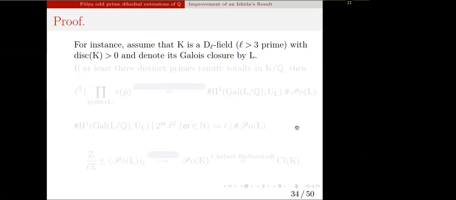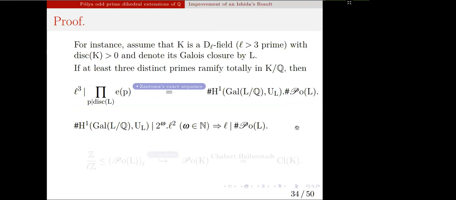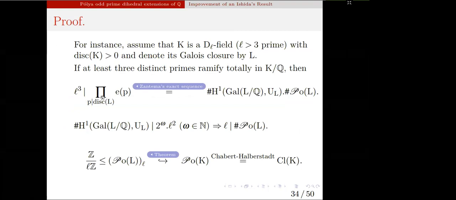For instance, I give a short proof for case 3, namely the case where K is a DL field for L greater than a prime, and K has positive discriminant. If we assume that there are 3 distinct primes totally ramifying in K, then L to the power 3 should be a divisor of the product of ramification indices in L. This relation is obtained by the first lemma in this section, and by the Zantema exact sequence, this term would be equal to the order of H1 of the Galois group of L over Q times the order of the Pólya group.